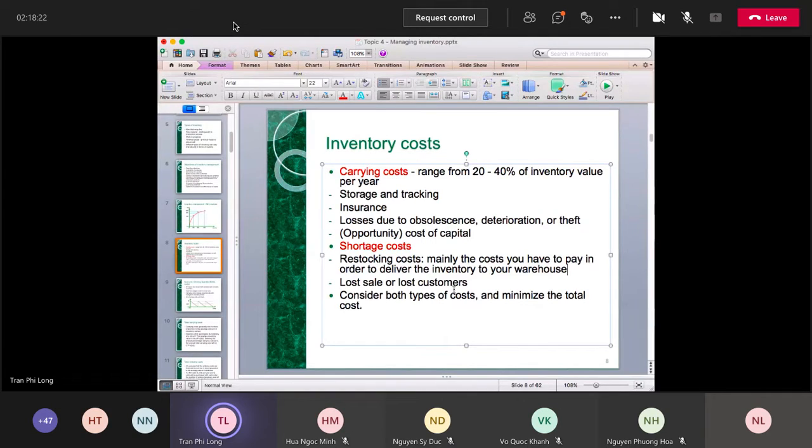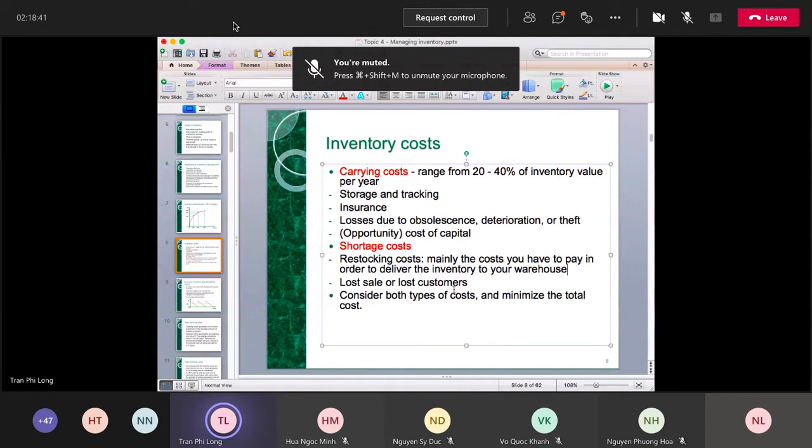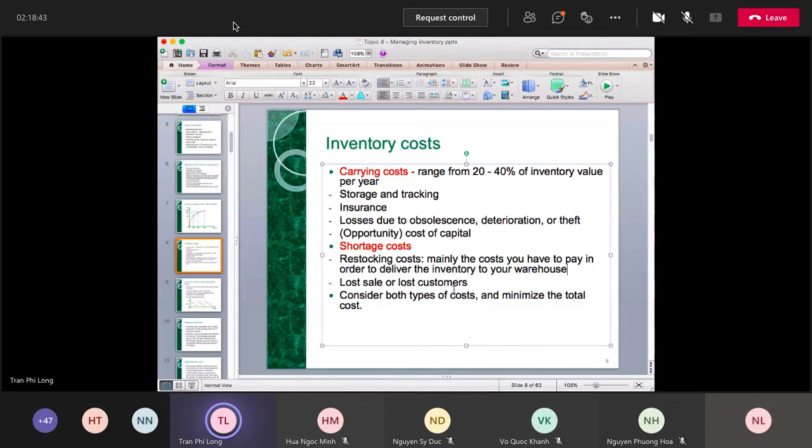If you store a low level of inventory, you will have to deliver the inventory a lot of times, so the restocking cost will increase. And if you store a high level of inventory, maybe the restocking cost will be low because you don't need to deliver the inventory a lot of times.